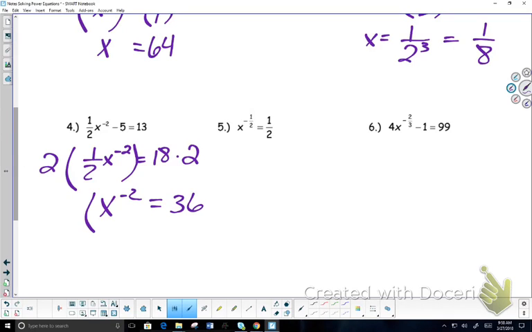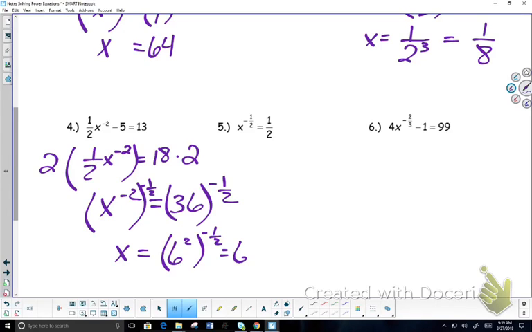To make my -2, I'd flip it over and multiply it by -1/2. So this would also be -1/2. x equals 36 to the -1/2. Well, 36 would be 6 squared. Then you've got -1/2. The 2's will cancel, leaving me 6 to the negative 1. And 6 to the negative 1, the negative just means put the 6 down in the denominator.